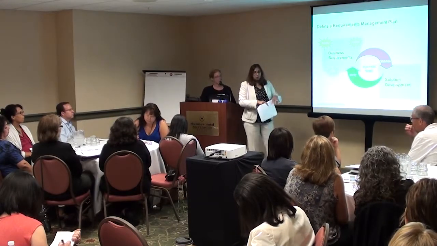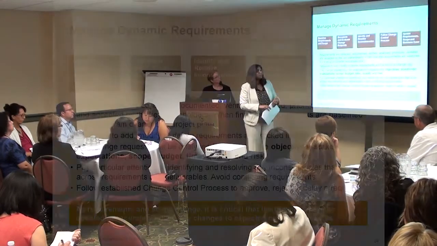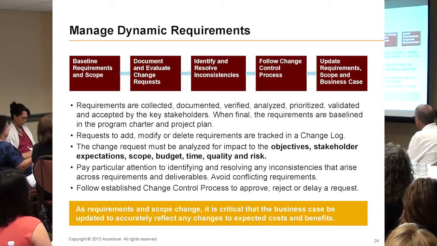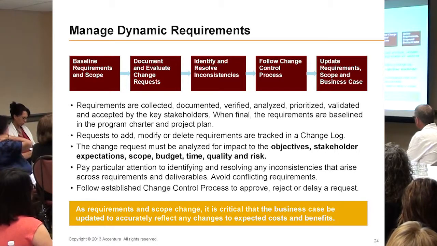So we constantly ask that question until we sound like a broken record: is this going to address a business need? And then of course, this next slide, which has a lot of information on it, which you'll have, is just a flow. Again, you baseline the requirements and the scope. Business analyst and project manager work together, sometimes the same person, but you're freezing that scope. Then, as those change requests come in, you're evaluating them against business need and resolving inconsistencies.